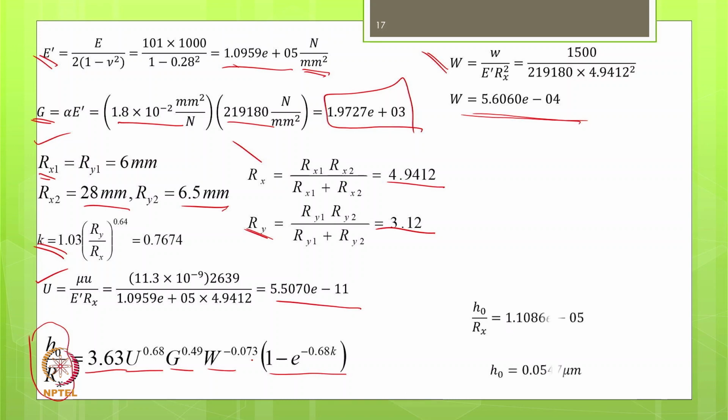Now on substitution, H0 by Rx is equal to something like 1.1086 10 to the minus 5, and the film thickness is something like 0.054 micron, which is very, very small.